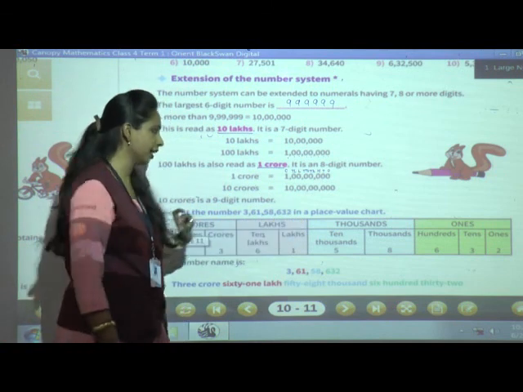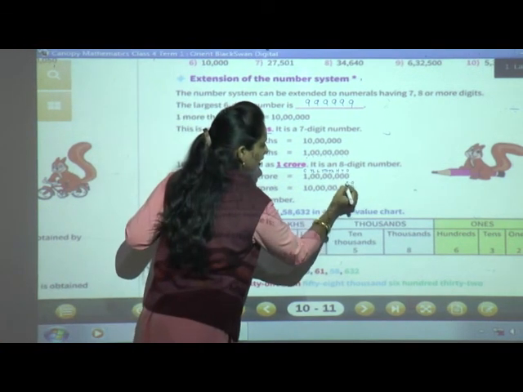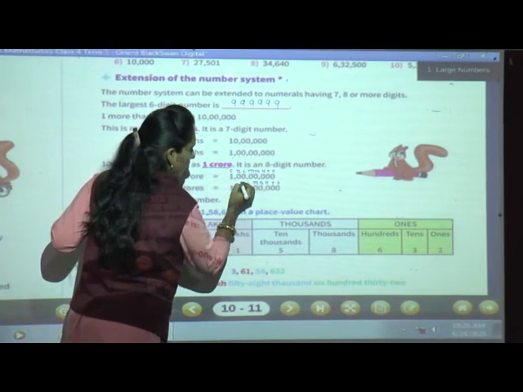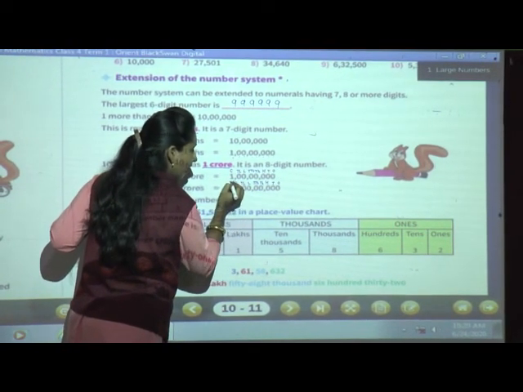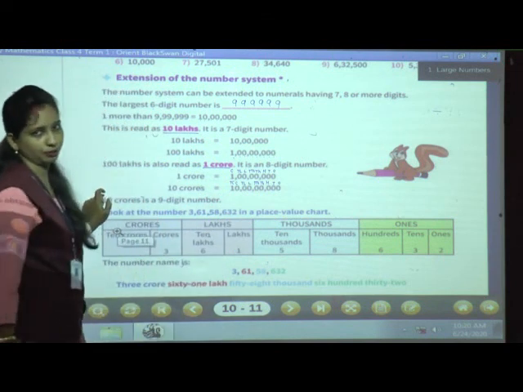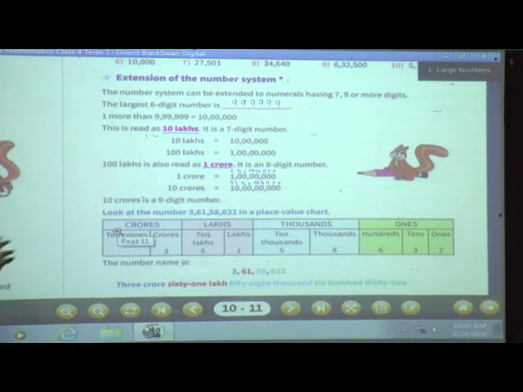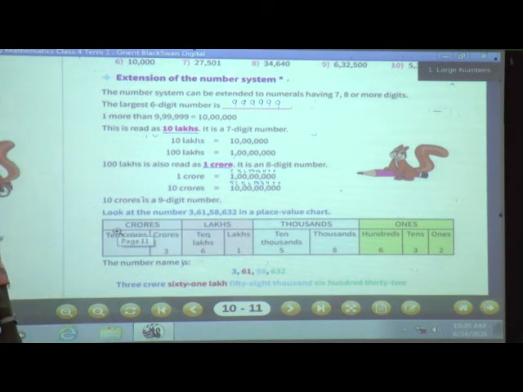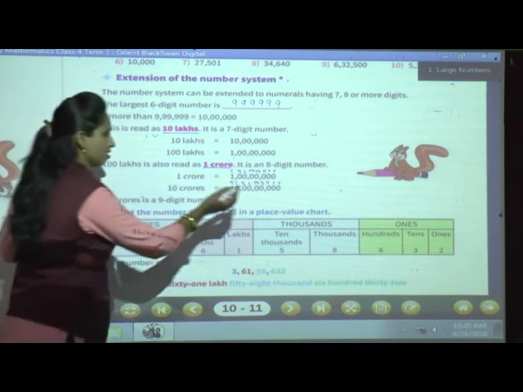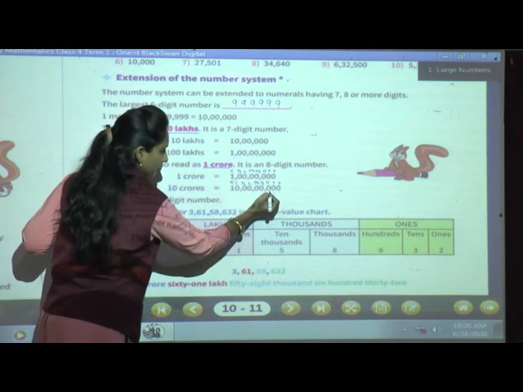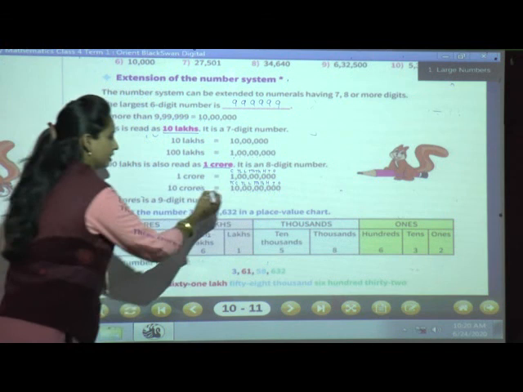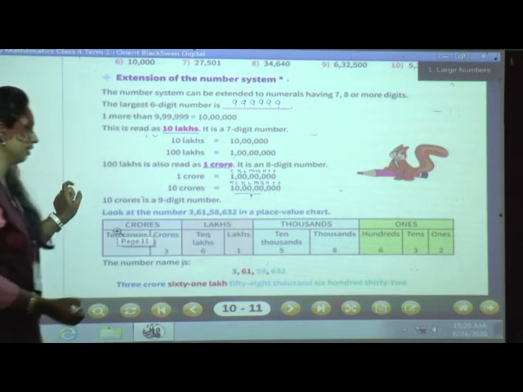See, 10 crore: ones, tens, 100, 1000, 10,000, lakh, 10 lakh, crore and 10 crore. Are you getting it? Till here clear? And 10 crore is a 9-digit number. See, here 9 digits are there: 1, 2, 3, 4, 5, 6, 7, 8, 9. 9 digits are there in 10 crores.